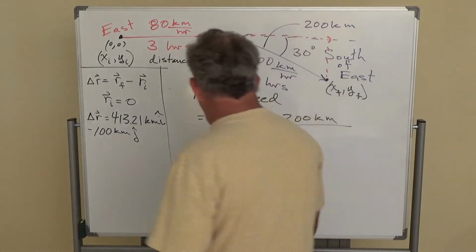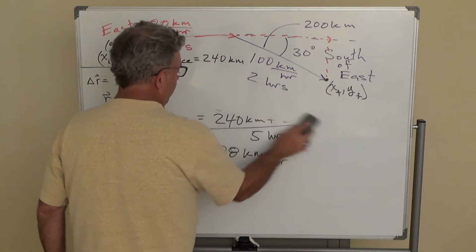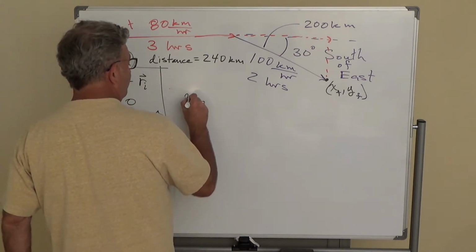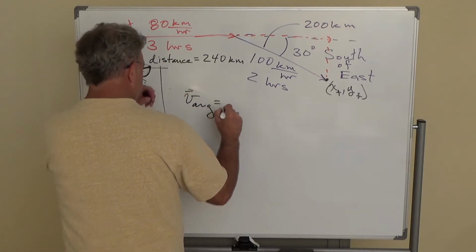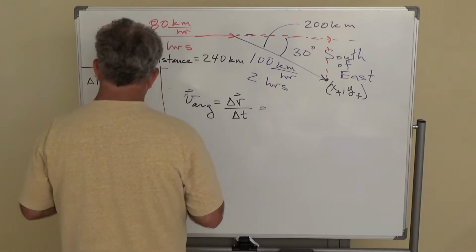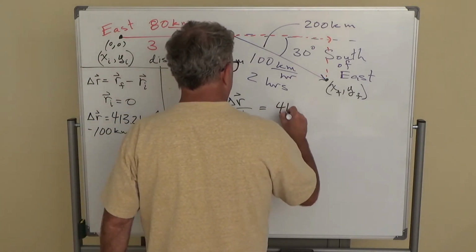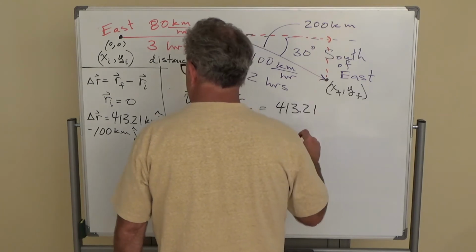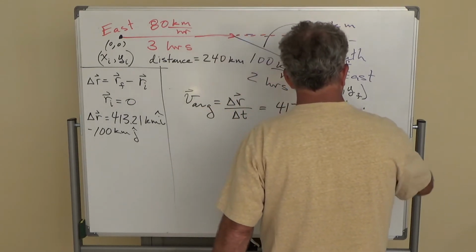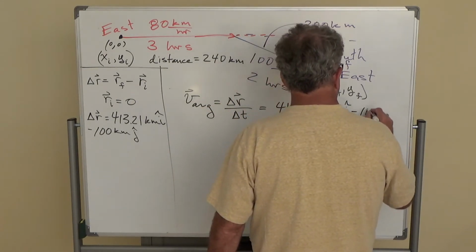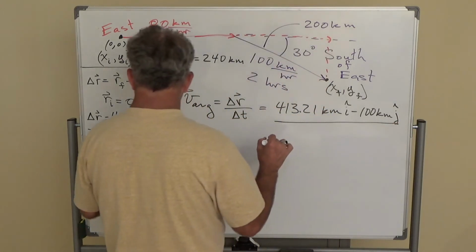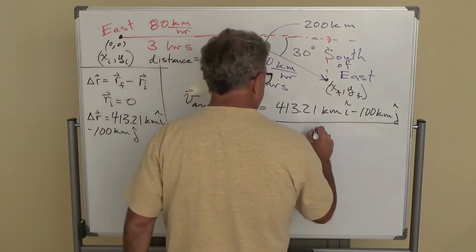That's how long you were on the train. Okay. Let's find the average velocity. That's a different animal because for the average velocity, we need delta R. V average is equal to delta R divided by delta T, and that equals 413.21 kilometers I hat plus, oh, I keep putting a plus, this is minus 100 kilometers J hat, and you divide all of that by 5 hours.